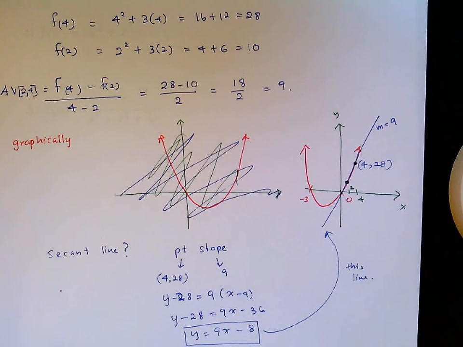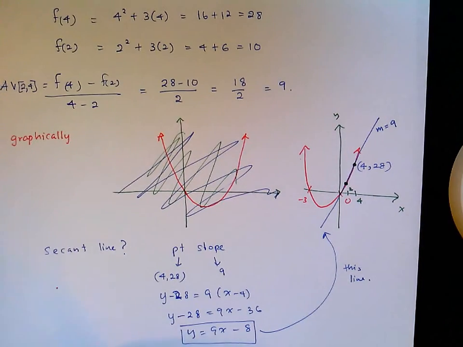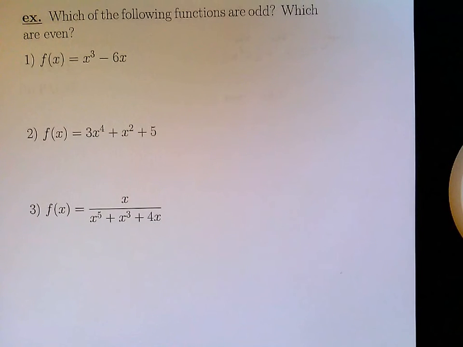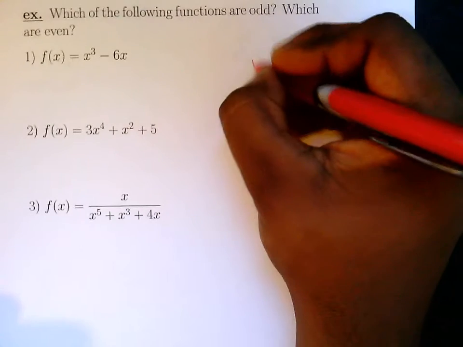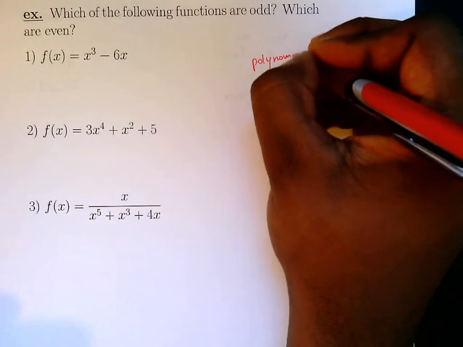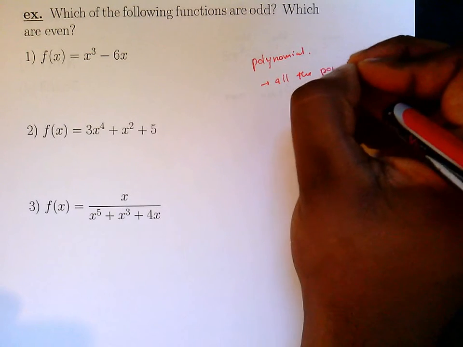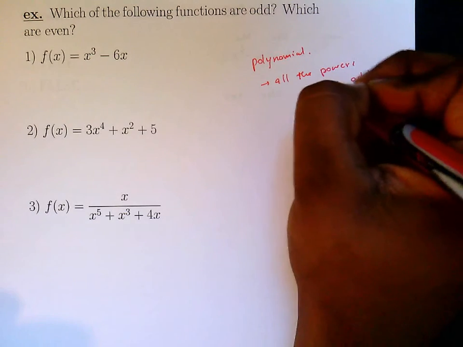Alright guys, let's move on to the next one, which is odd and even functions. Again, there are shortcuts, so you don't have to worry about every single thing. You can just look at the shortcut, and the shortcut is: for polynomials, if all the powers are odd, we have an odd function.